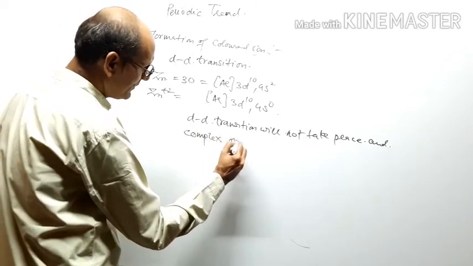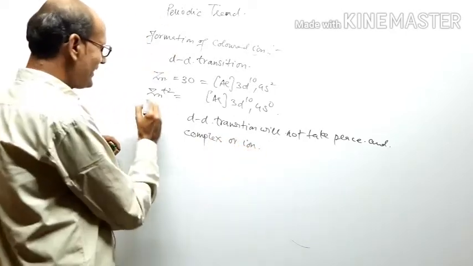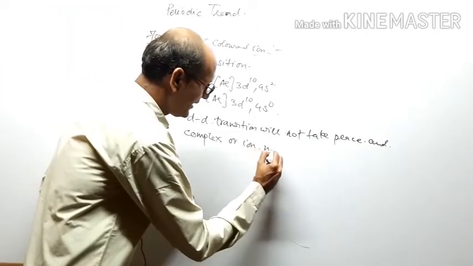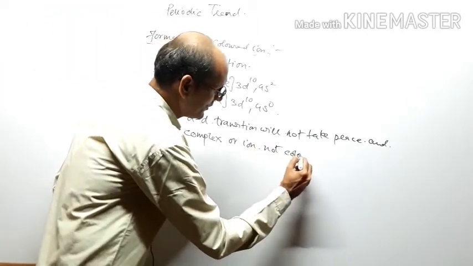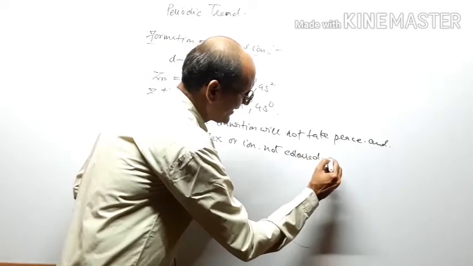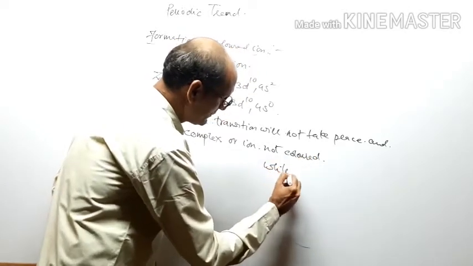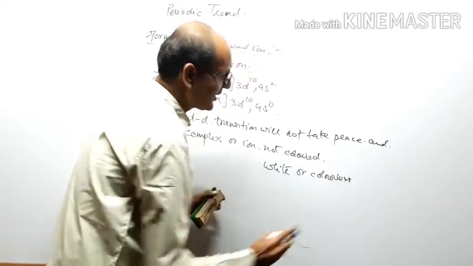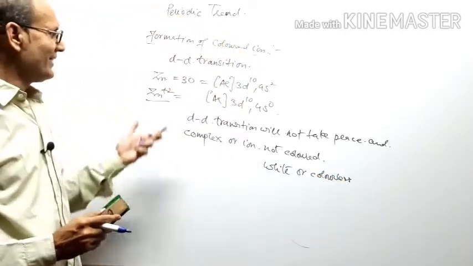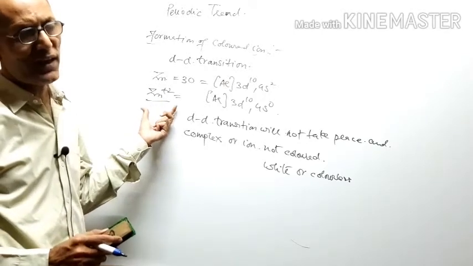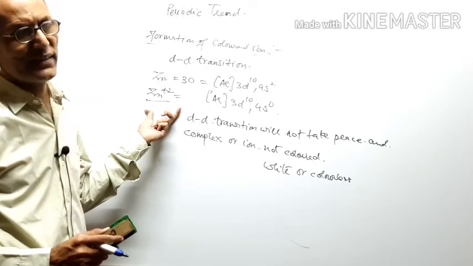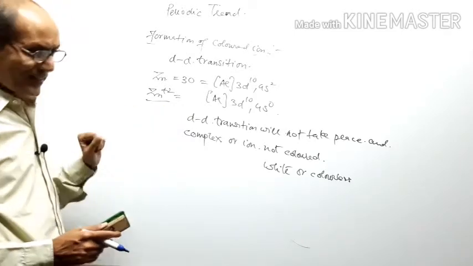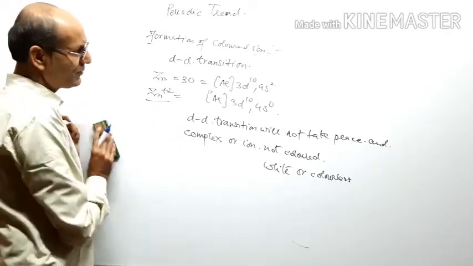Complexes or ions formed by Zn2+ will not be colored, meaning they should be white or colorless. So we can say Zn2+ salts such as ZnSO4, ZnCO3 and ZnCl2 are all colorless because they do not contain any unpaired electron.